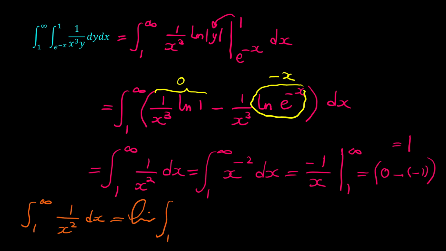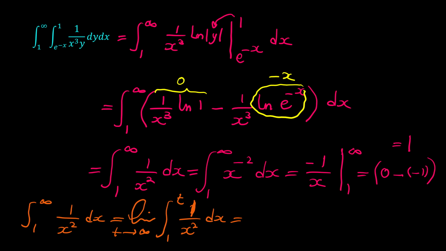You can name any variable you want. I choose t, and t goes to infinity because this upper limit is approaching infinity. This is the proper way for writing this improper integral, and the function is 1 over x to the 2 dx.